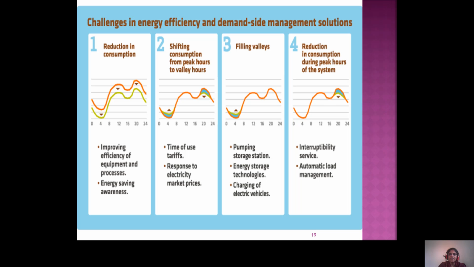Filling valleys involves pumped storage stations, energy storage technology and charging of electric vehicles. Reduction in consumption during peak hours of the system involves interruptible services and automatic load management.